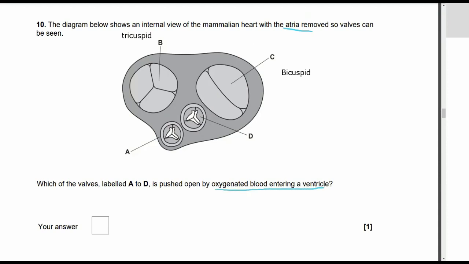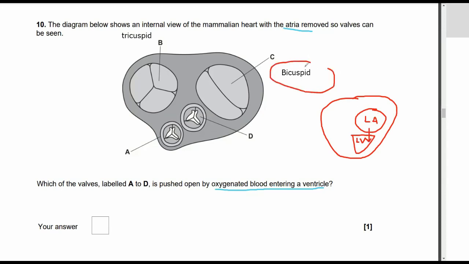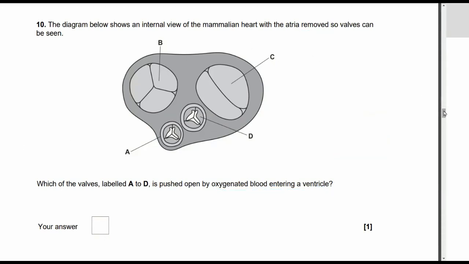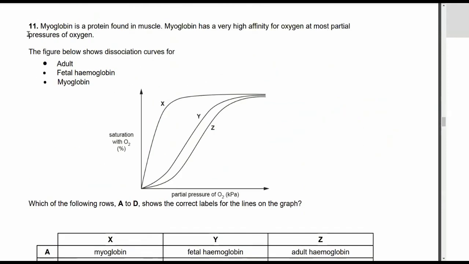Whereas B is the tricuspid, that lies between the right atria and the right ventricle. And we're dealing with oxygenated blood here, so we're looking at left atria to left ventricle, and remember it's the bicuspid, that is the AV valves in between those 2. Super. Answer C. Remember to pause the video before attempting any of these questions. It's a good idea.